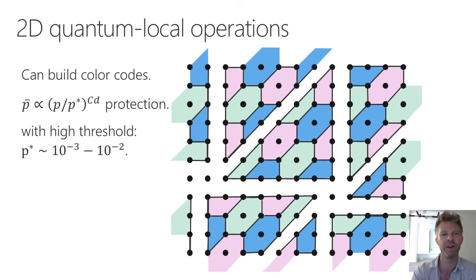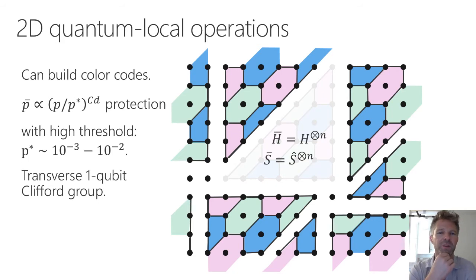And this works provided that the probability of each single operation error is below some threshold value. But in the case of color and surface codes, these thresholds are actually relatively high and compare favorably against other quantum error correcting schemes.